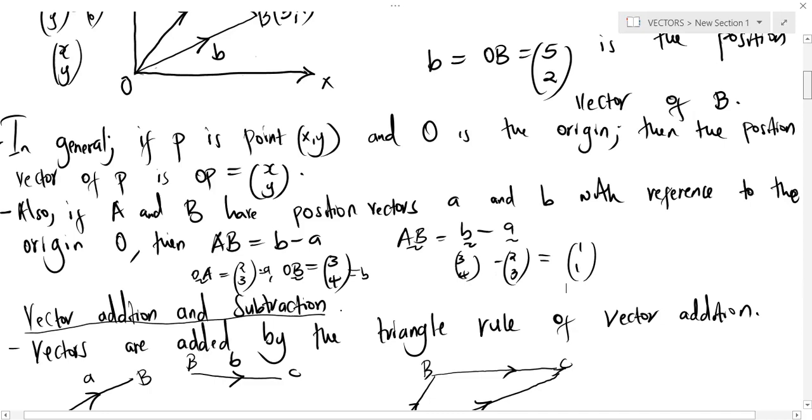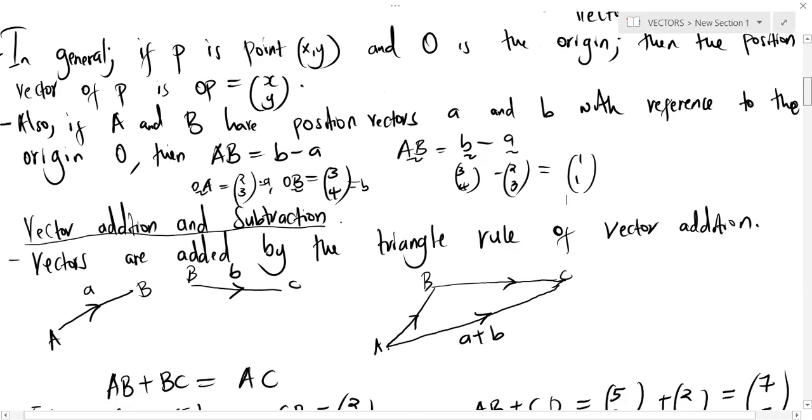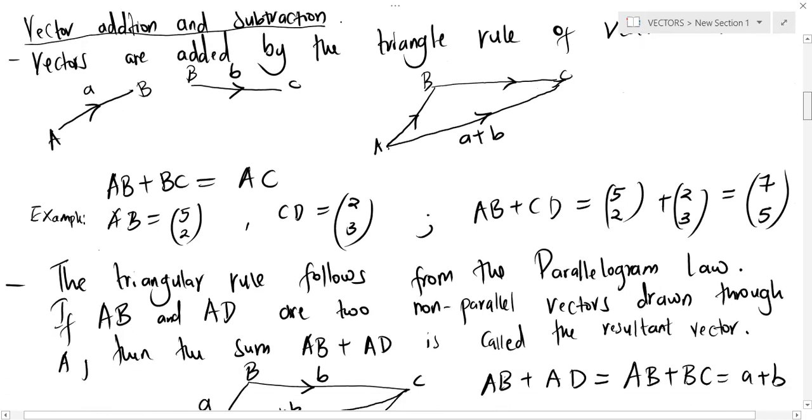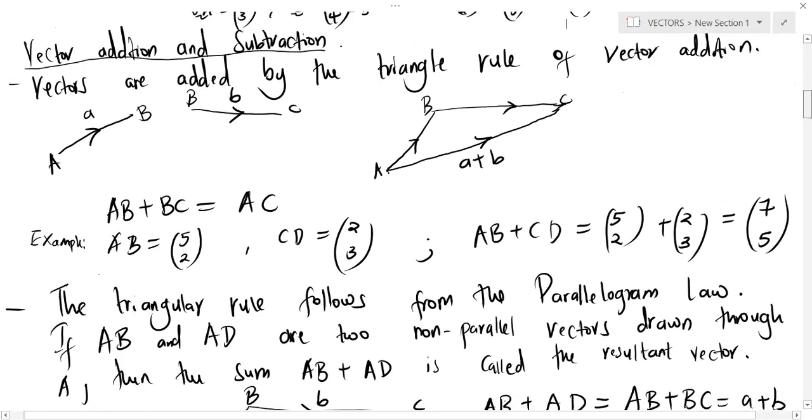Now, vector addition and subtraction. We've already looked at it basically, but let's just look at it again. Vectors are added by the triangular rule of vector addition. Let's say you have your vector AB, which is a, and then you have your vector BC, which is b. Now, if you want to find the vector AC, let's come here where we've joined all this up.